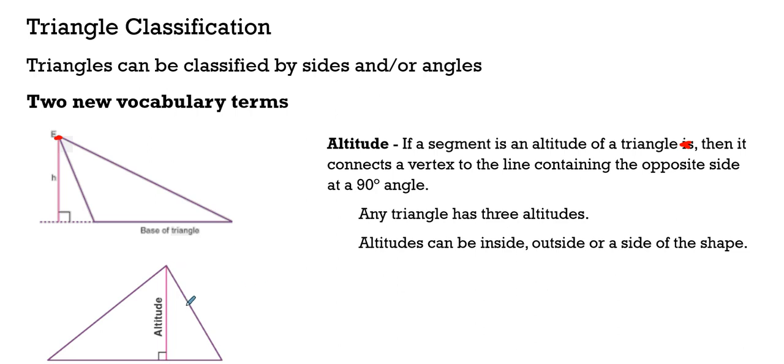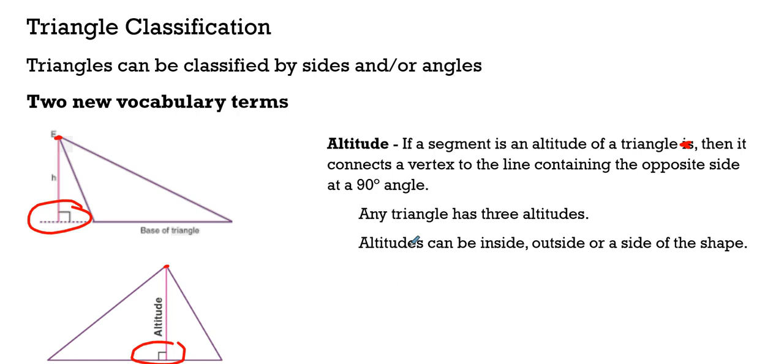This one down below is, I think, what a lot of people think of. It connects here, a vertex, straight down to this side at a 90-degree angle. And again, when you're trying to communicate, yeah, I know what an altitude is, you better be including a 90-degree mark if you want that truly to be communicated, right?